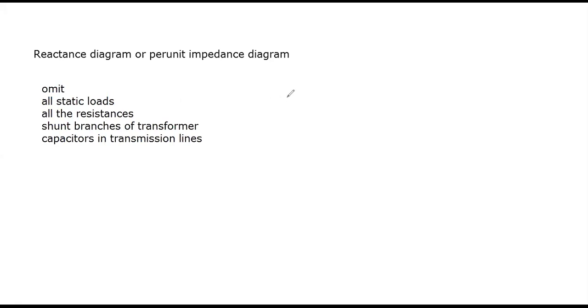Now I'm drawing the per unit impedance diagram here. You just go through this. So this is generator 1 section. Now I'm drawing generator 2 section.